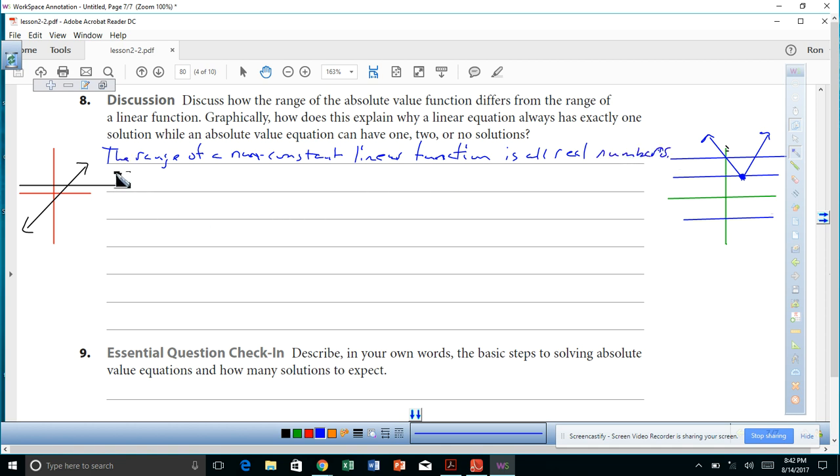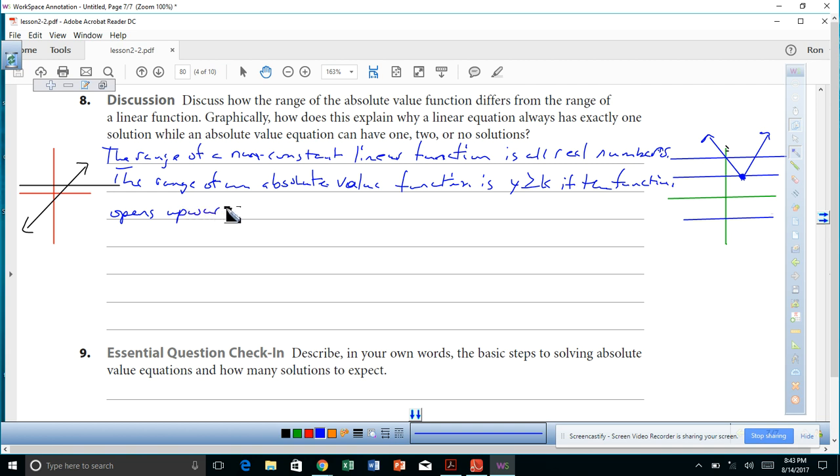The range of an absolute value function is y is greater than or equal to k if the function opens upward, or y less than or equal to k if the function opens downward.